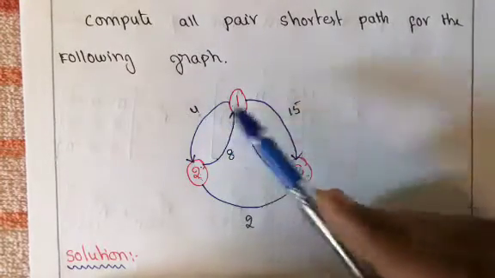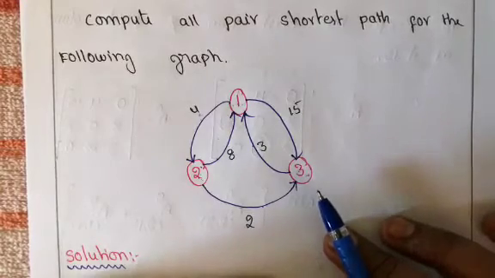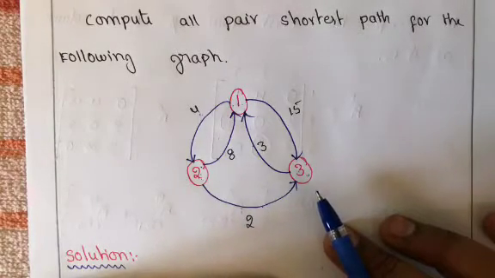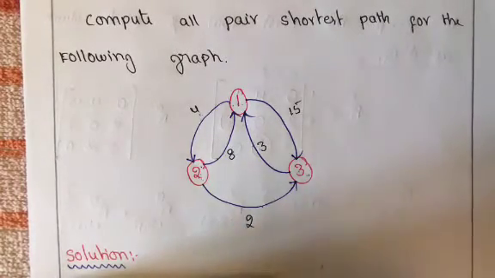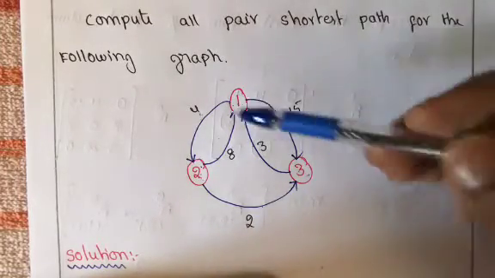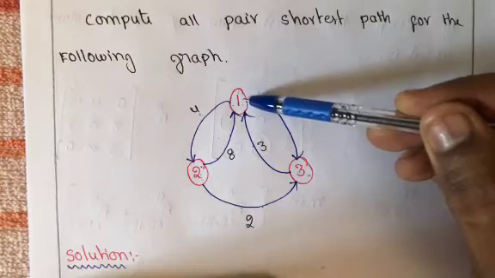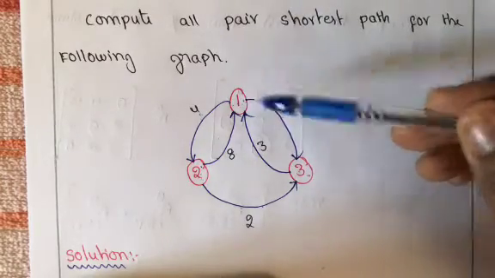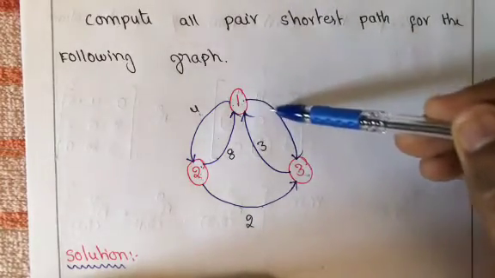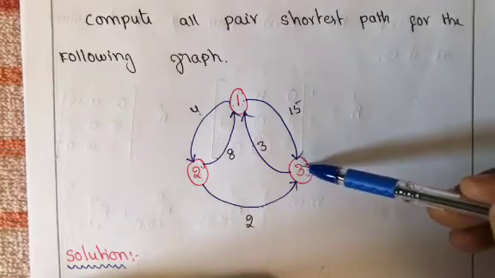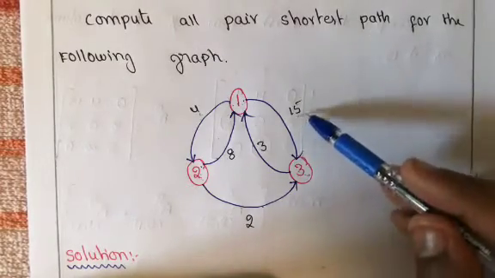Alright, so here in this all pair shortest path, I'm going to identify the minimum distance from each and every pair of vertices. For example, here I'm having the distance from vertex 1 to 3. It is one of the possibilities, that is the distance is 15.